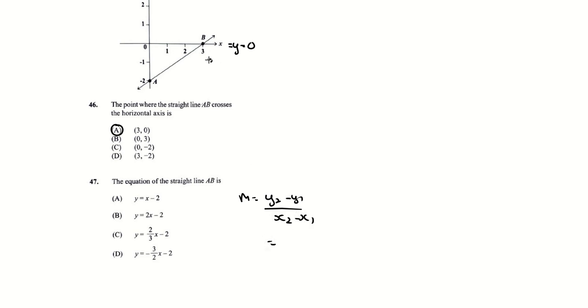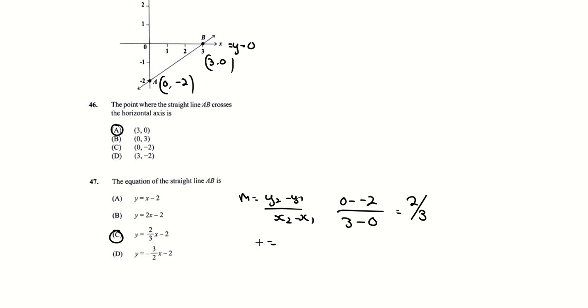This coordinate is 3, 0, and this is 0, -2, because on your y-axis, x is equal to 0. So if we look at our y values, we have 0 minus minus 2 and 3 minus 0, which would be positive 2 over 3. So this is my gradient, and the only one that applies would be C, where your gradient is 2 over 3.